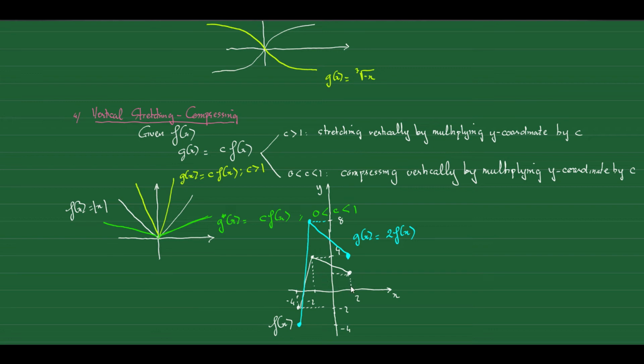So instead of here we're gonna have 2 and multiply by 1/2, so this 2 becomes a half, right? And instead of 4 becoming a half, it would be 2. And instead of -2 it becomes negative 1. There you go. So my new function will be something like this. So this is my g star function, is 1/2 f of x. Okay. All right.